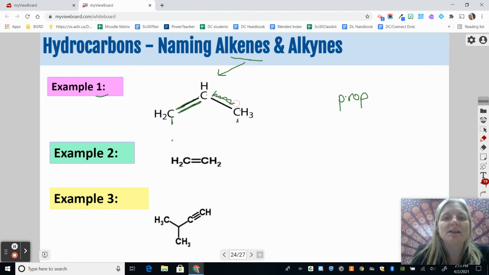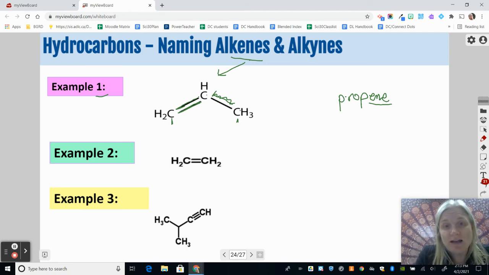So there's only one place really for propene to have its double bond, so we don't usually have to write the number where the double bond is. So we can just call it propene. Remember, changing the ANE ending to ENE. There are no groups added on to this propene.